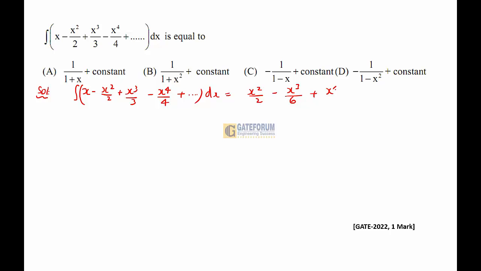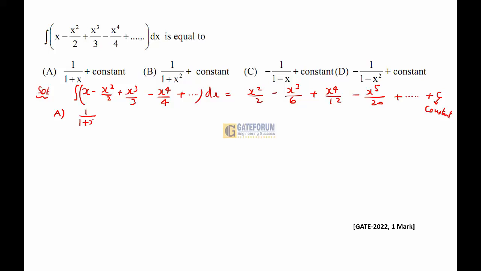X cube integration x power 4 by 4, 4 into 3 12. X power 4 integration x power 5 by 5 into 4 20 plus etc. Okay, now option A. Adding plus constant, C is constant. After integration, indefinite integration, after the completion of integration, add the arbitrary constant.